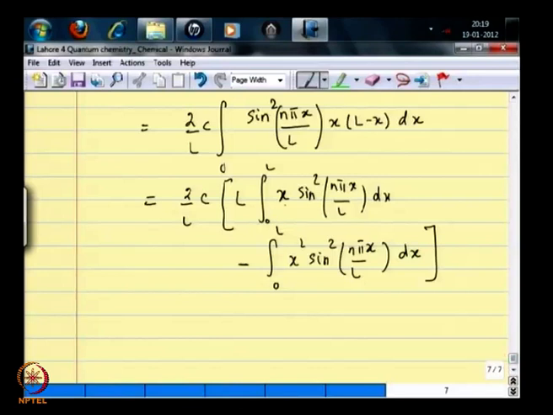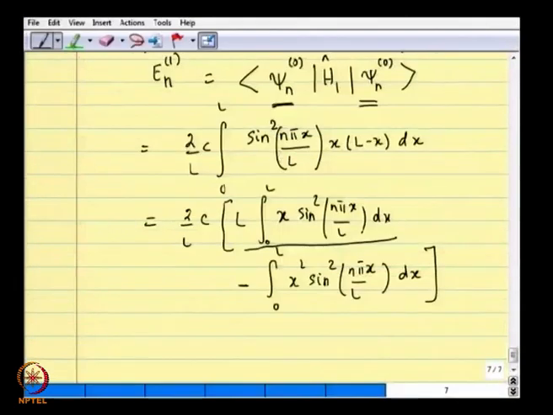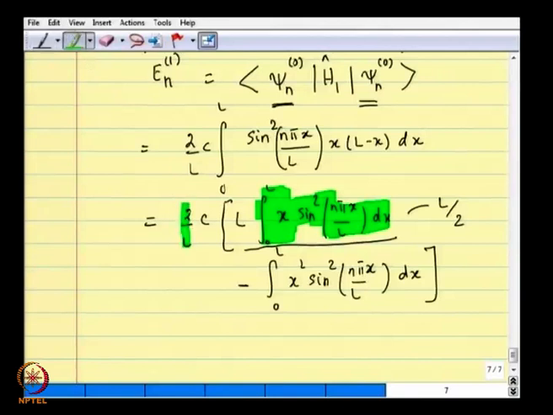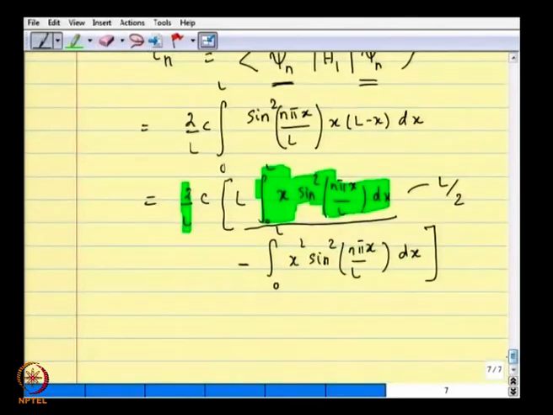You know that this is nothing but the average value of the position. This is the average value of the position operator that you have calculated. You know that the answer is L by 2, including the 2 by L integral here, and you know that this is the average value of x square. So, I would leave it to you to evaluate.